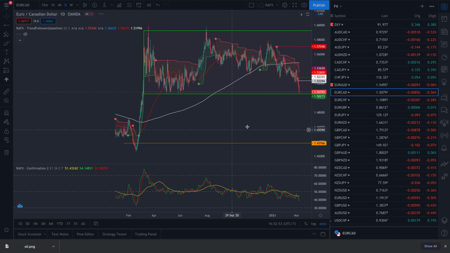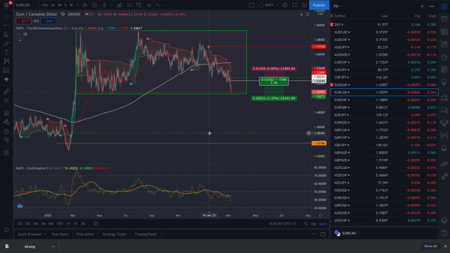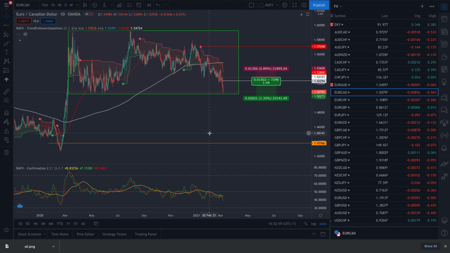So for Euro CAD, I am short. I am on this trade. I have a short trade in this one. Okay, so you see I have here my trend follower short indicator, and the price is below the 50 and 200 baseline.